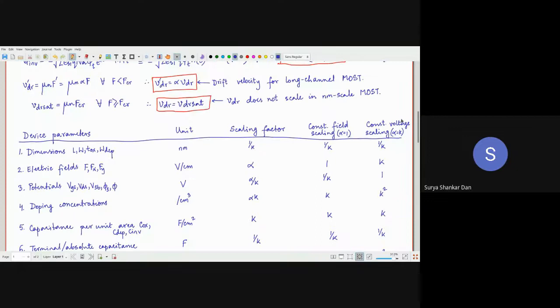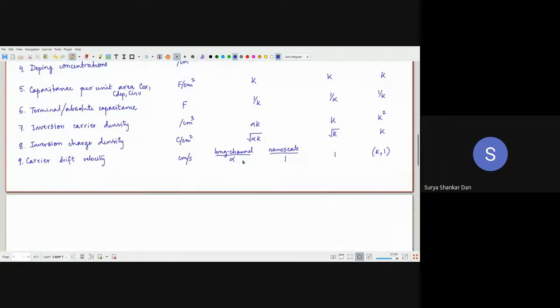So that means under constant voltage scaling, you are doing a constant voltage scaling from, say, 350 nanometer to 250 nanometer. This nanoscale means you are scaling from 14 nanometer to 7 nanometer.